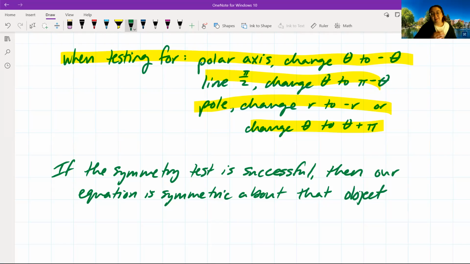So it would be symmetric about that object. Those objects then being the polar axis, the line pi/2, or the pole. So those are our objects.